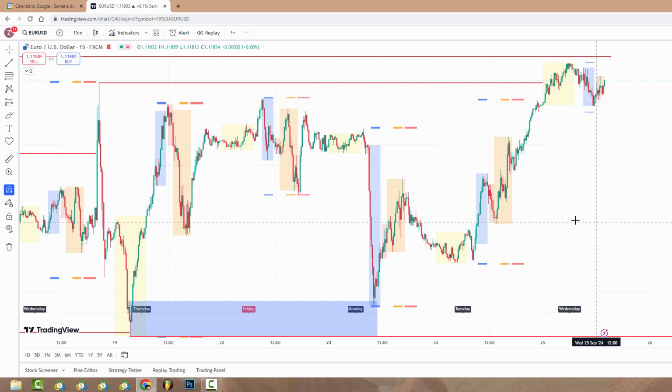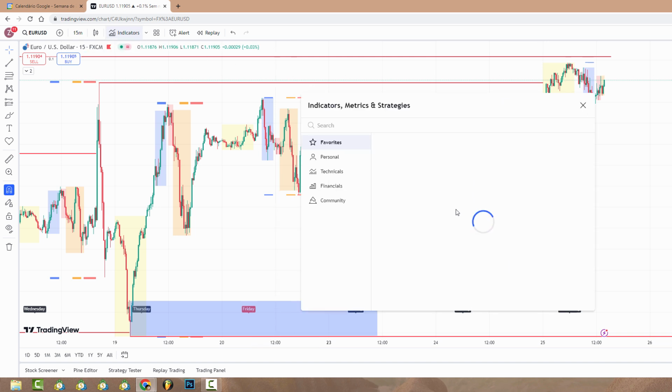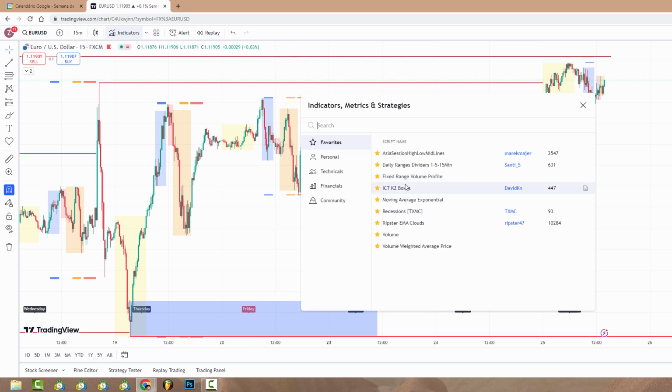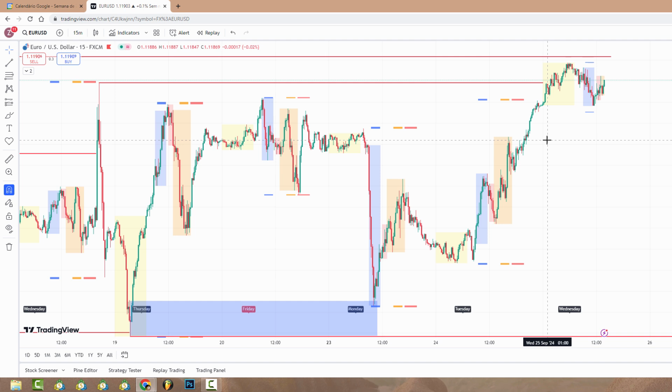So what you want to do is pull out the indicator tab on your TradingView, and you're gonna look for ICT kill zone, something like this. ICT kill zones. This is good. I don't need to because I already got my indicator, and I might as well make a giveaway on it soon because you don't even need TradingView Premium.